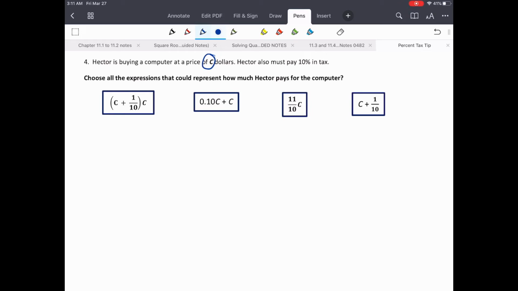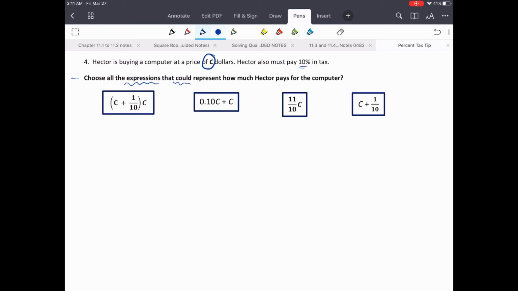For all we know, it could be $10, it could be $1,000, it doesn't matter. But we do know that Hector is going to pay 10% tax. So what you have here is a question that says choose all the expressions that might represent how much Hector pays for the computer.